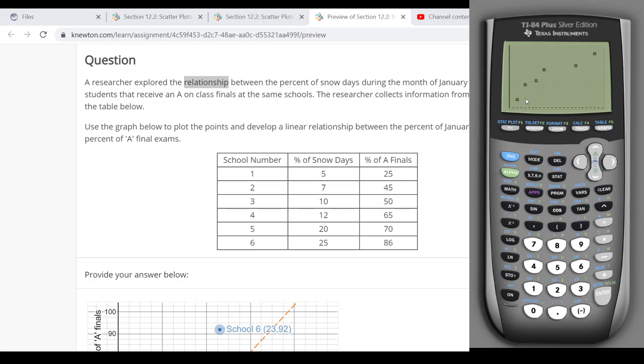So there. Now clearly, the Y coordinates of these points seem to be rising as I move from left to right. So I would definitely say there is a positive linear relationship between these variables, between the percentage of snow days and the percentage of A finals.